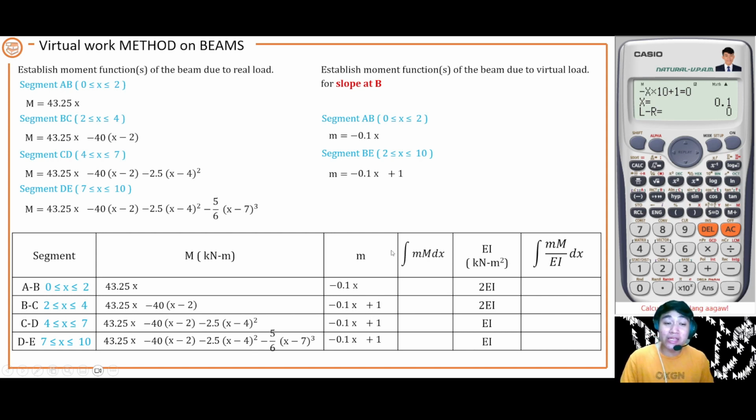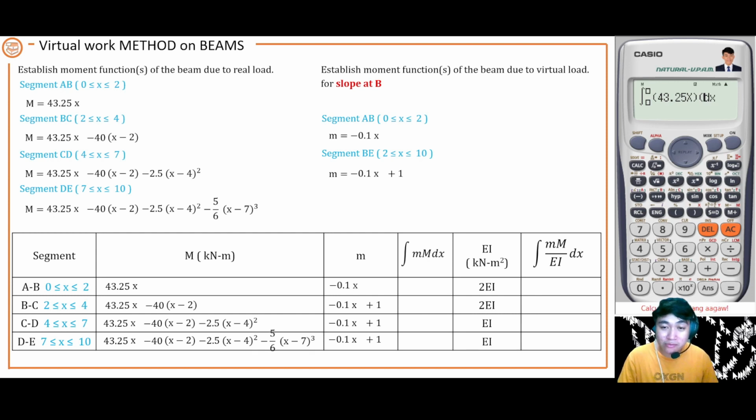Now we are going to integrate this M times m. Using your calculator, just input the integral of 43.25x, and then you multiply it with this small letter m, because that is your formula, M times m.